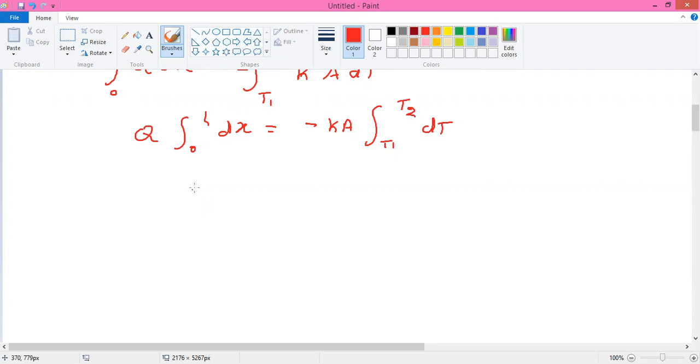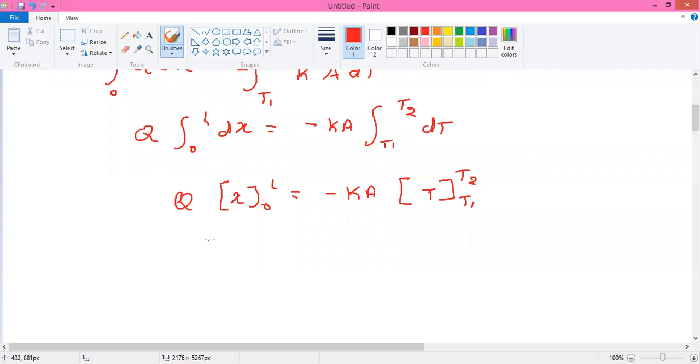Integrating dx gives Q x from 0 to L, equal to minus KA, and the integration of dT becomes T, from T1 to T2.